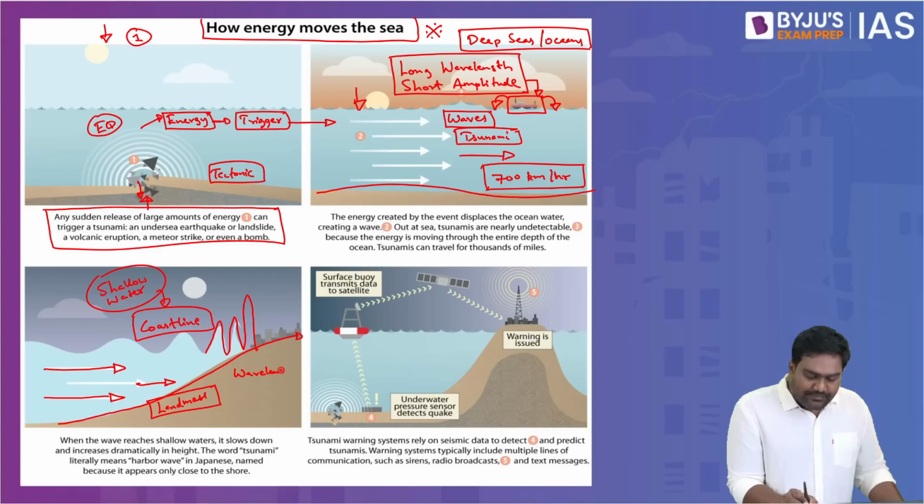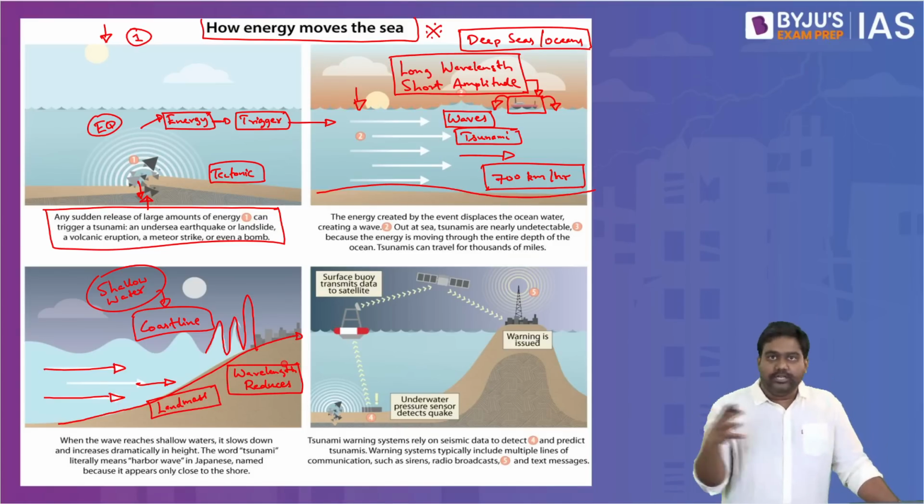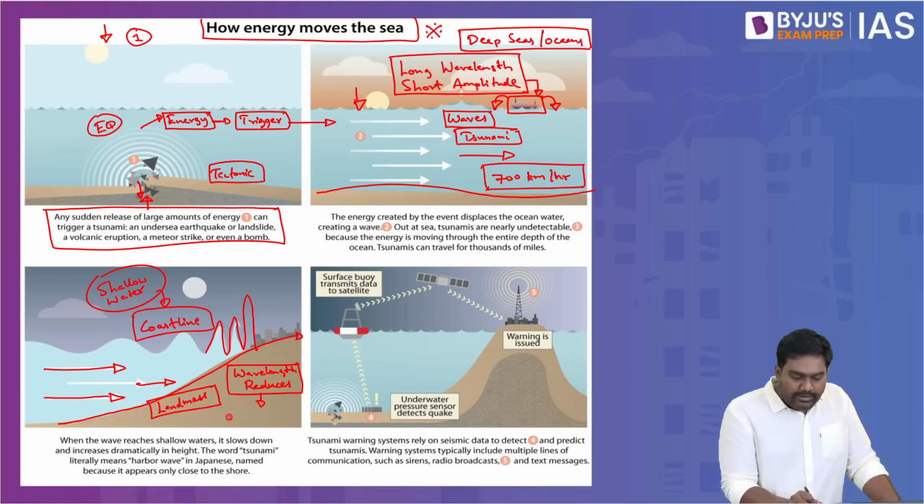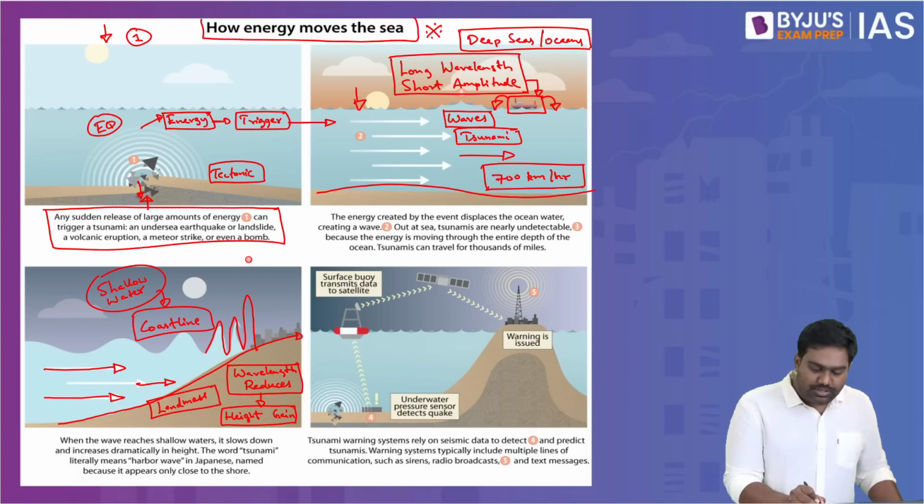The wavelength undergoes a compression because of the sudden halt, and it starts gaining in height. It can start gaining height and reach anywhere between 4 feet to 12 feet to even 15 feet.